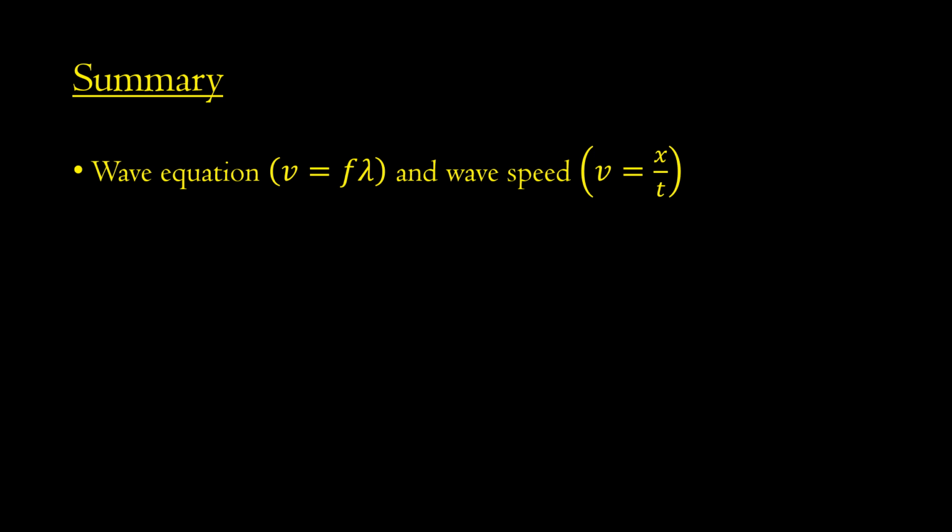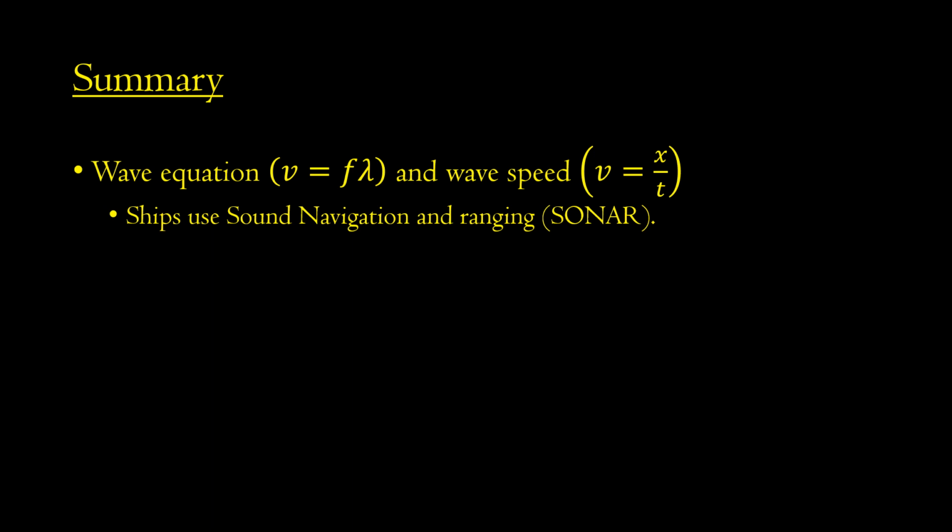In this lesson, we have used the wave equation, which is the speed v equals the frequency f multiplied by the wavelength lambda, and the speed equation, which is that the speed v equals the distance x divided by t, to solve problems related to the use of sound navigation and ranging, or SONAR.